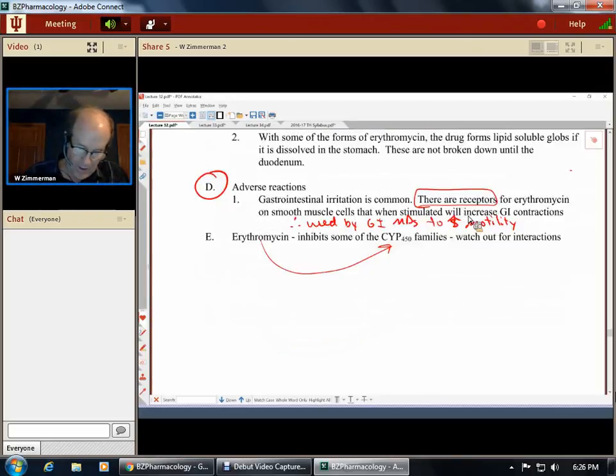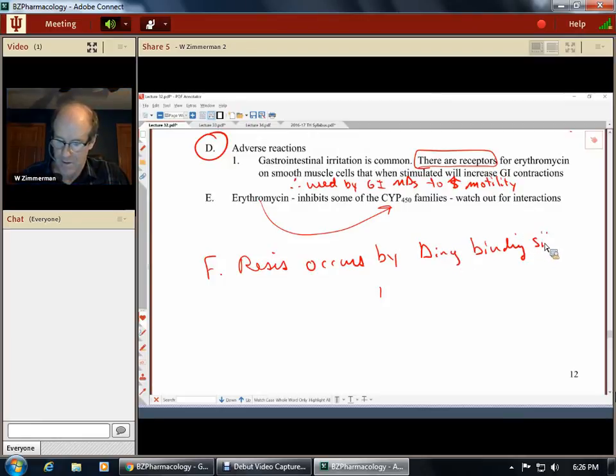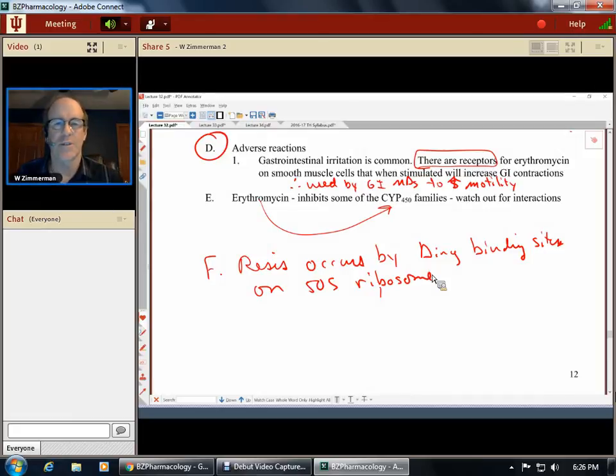I should have included down here, we certainly get resistance to these drugs, and the main mode of resistance, which is common for protein synthesis inhibition, occurs by changing the binding sites on the 50S ribosome. They're good drugs, but we certainly get some resistance to them.